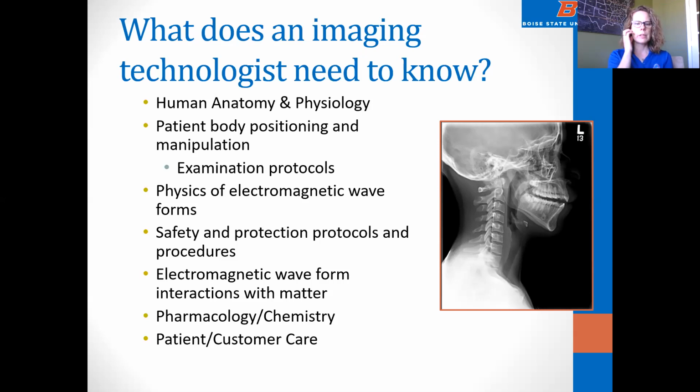This individual must understand how to provide their imaging technology in a safe manner in order to produce the appropriate images following protocols and procedures, but also to keep themselves and their patients safe. This individual must have education in the fields of pharmacology and chemistry, and also understand how to provide the best and most appropriate patient and customer care.